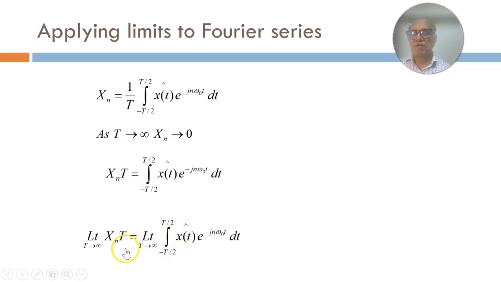Now, when we apply this limit, what are the changes in the right hand side? First of all, note that the limits of integration will become minus infinity to plus infinity. X hat(t) itself will become x(t), as we saw in the last slide. Now, as T approaches infinity, omega naught approaches an infinitesimally small value. So n multiplied by omega naught becomes essentially a continuous variable rather than a discrete variable.